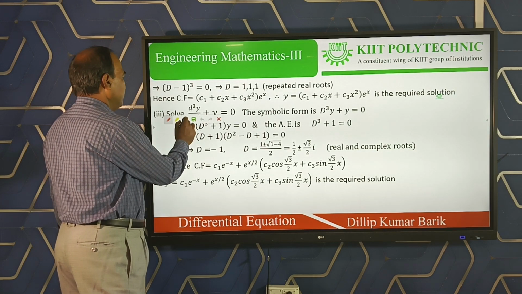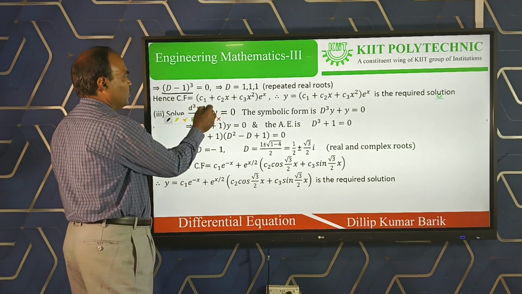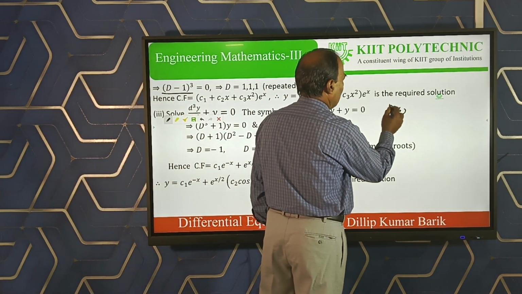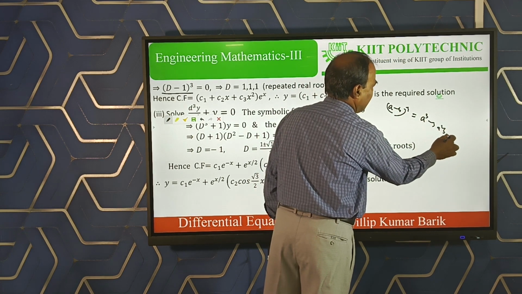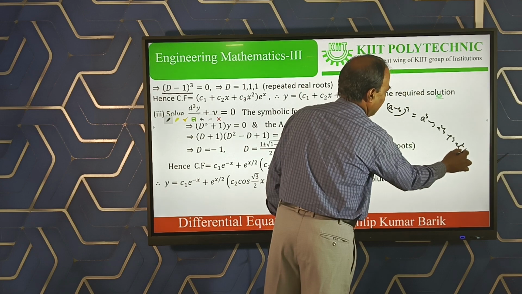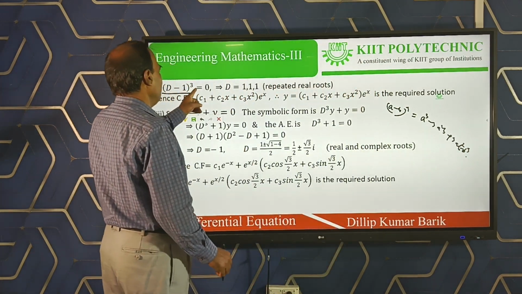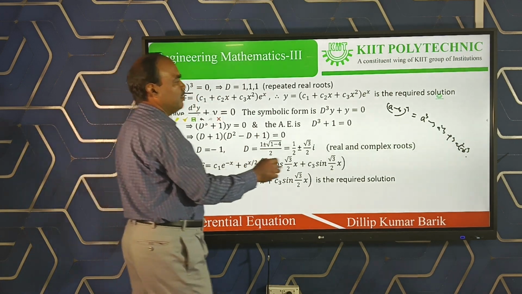And clearly the function of D is (D - 1)³ = 0, because you already know the formula (a - b)³ = a³ - 3a²b + 3ab² - b³. So using this fact, (D - 1)³ = 0. Since it is a whole cube, we multiply it three times.